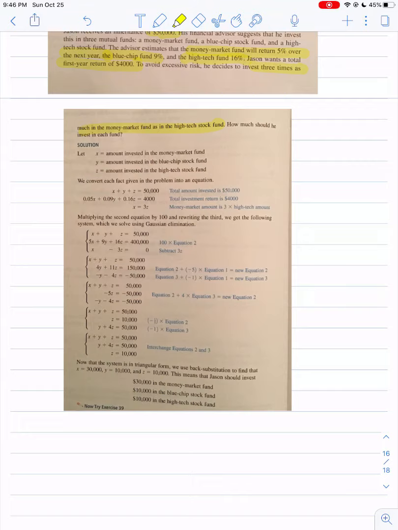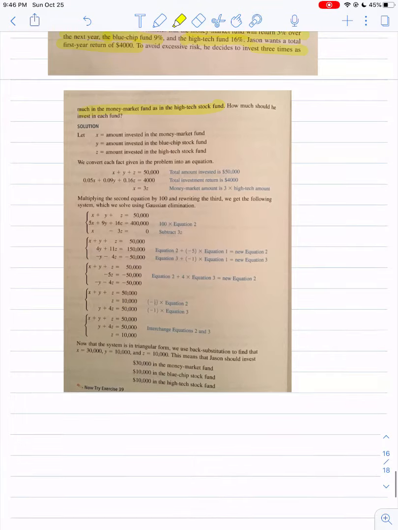I divide both sides by -5, and I get z equals 10,000. Then I divide by -1 in equation 3 to get y plus 4z equals 50,000. And I can just interchange equations, so I interchange equation 2 and 3 to get my triangular form. I get x plus y plus z equals 50,000, y plus 4z equals 50,000, and z equals 10,000.